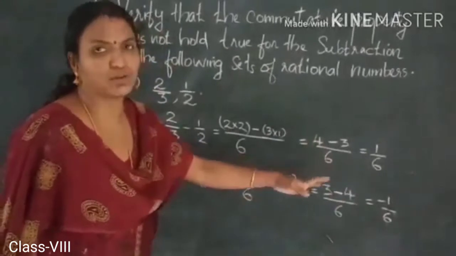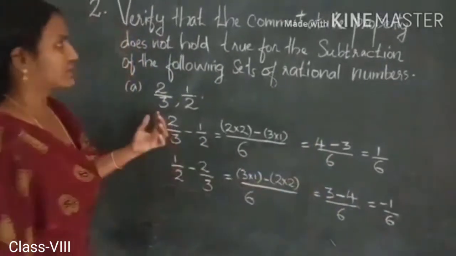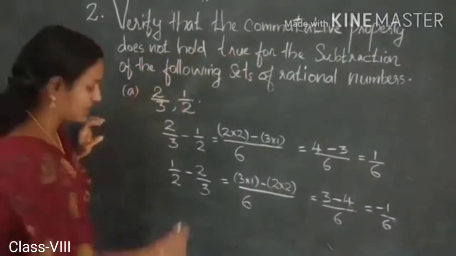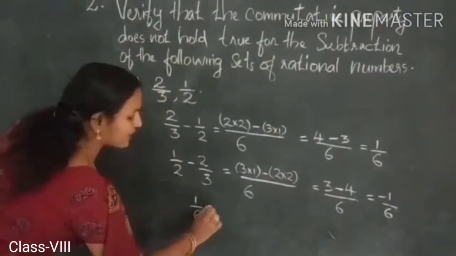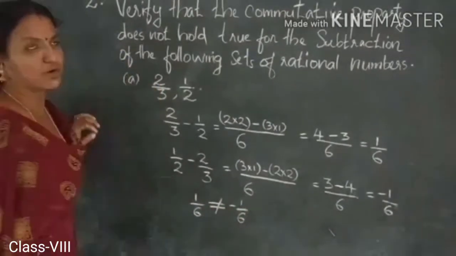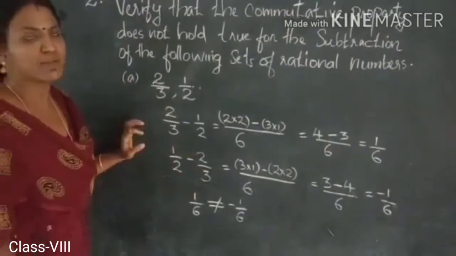So they are not equal. Okay, they are different. So it does not hold true for the subtraction. 1 by 6 is not equal to minus 1 by 6.